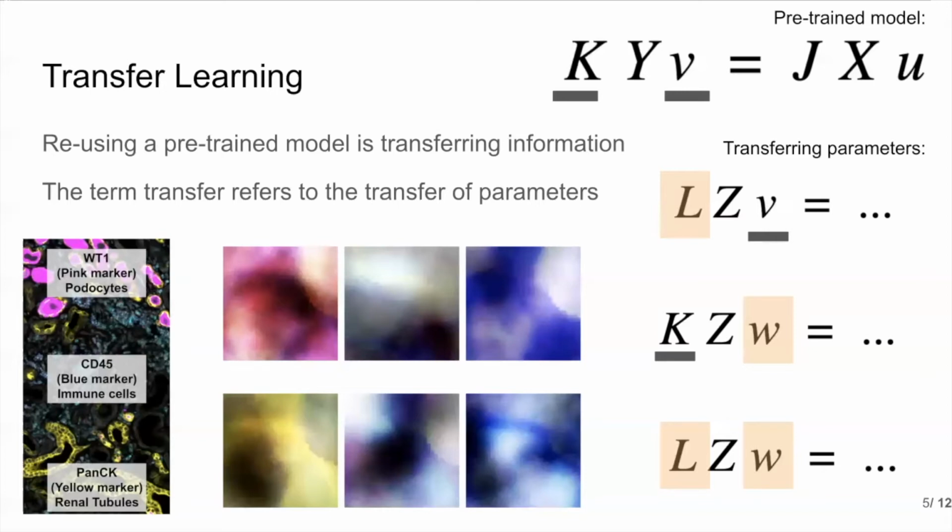Now notice that these images, the top 6 components, are very similar and correlate to what we actually see in the histology slide: pink, yellow, and blue.